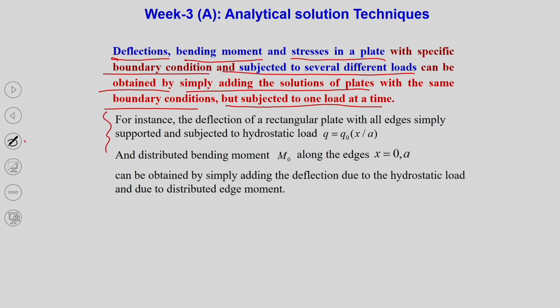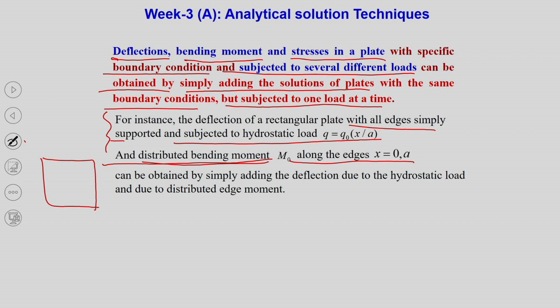Next, any distributed moment further. For example, a plate having all edges simply supported and subjected to hydrostatic load as well as distributed bending moments along the edges. Let us say my plate is all simply supported, but at x equal to 0 it may have some bending moment plus some hydrostatic load which is a function of x.